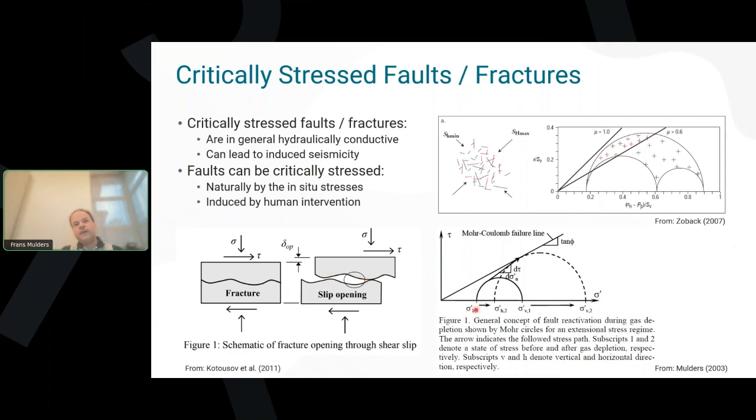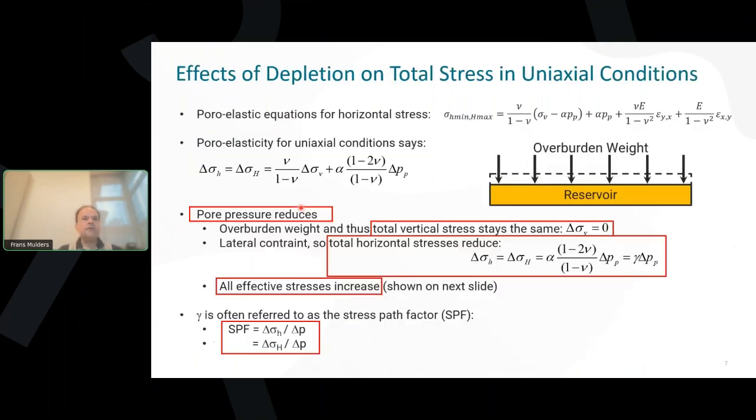And moreover, if we change our stresses, so we go from an initial stress state, this is a Mohr circle for the initial stress state. So here we are looking at a fault, the combination of normal effective stress and shear stress on a particular fault, that can actually move towards failure, and that's how we can reactivate a fault.